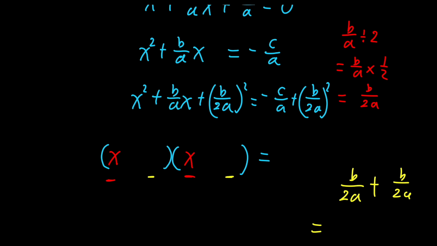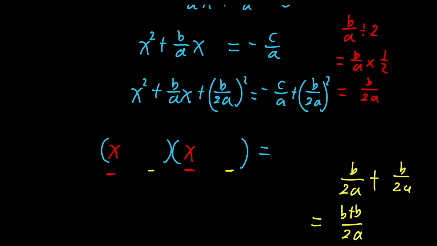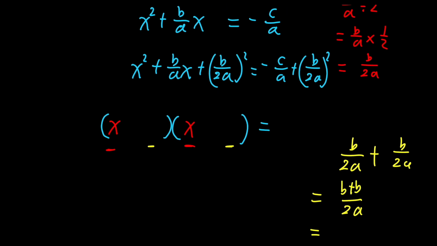When adding the fractions, the denominator will be the same, and we only add the numerators, so b plus b, and then 2b over 2a, and simplify it by canceling this 2 will be b over a. It is the same as this b over a, the second term. And then we can use the factors.